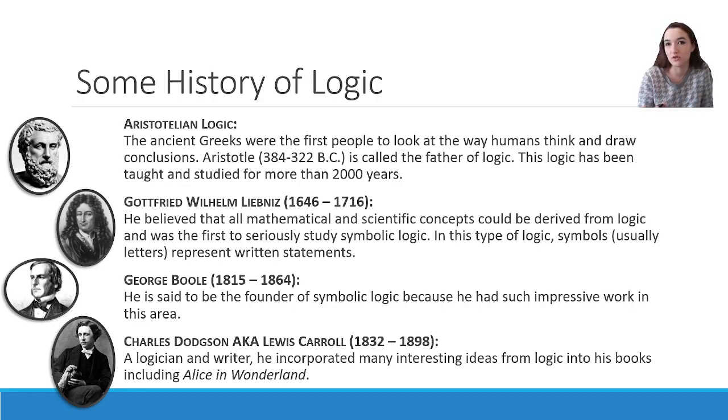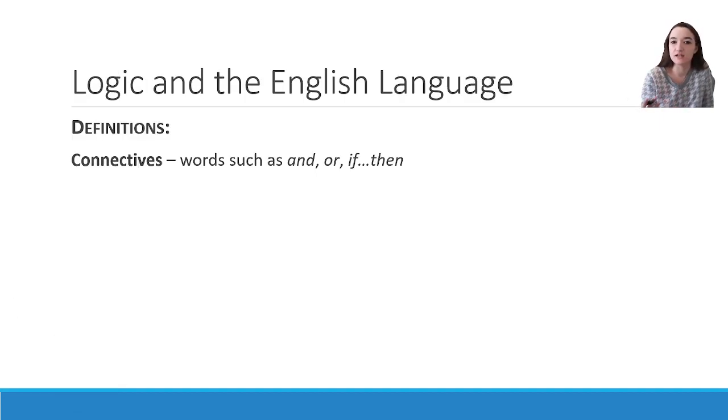If you actually read through Alice in Wonderland, the book, not the Disney movie, you'll see that there is a lot of interesting logic used in that book, logical statements and arguments, etc.